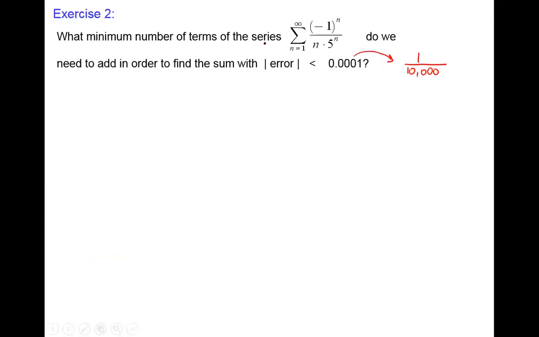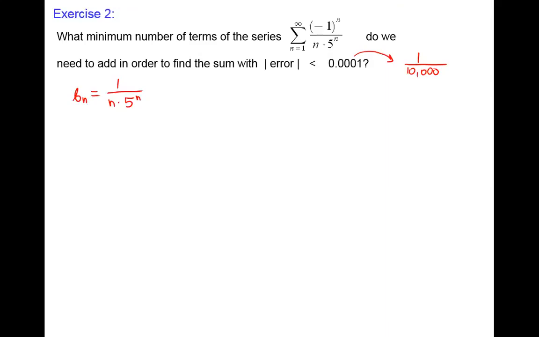Because my b sub n is 1 over n times 5 to the n, we can definitely see it's positive, decreasing, and the limit is 0. That means this alternating series is convergent, which makes sense to talk about the sum.